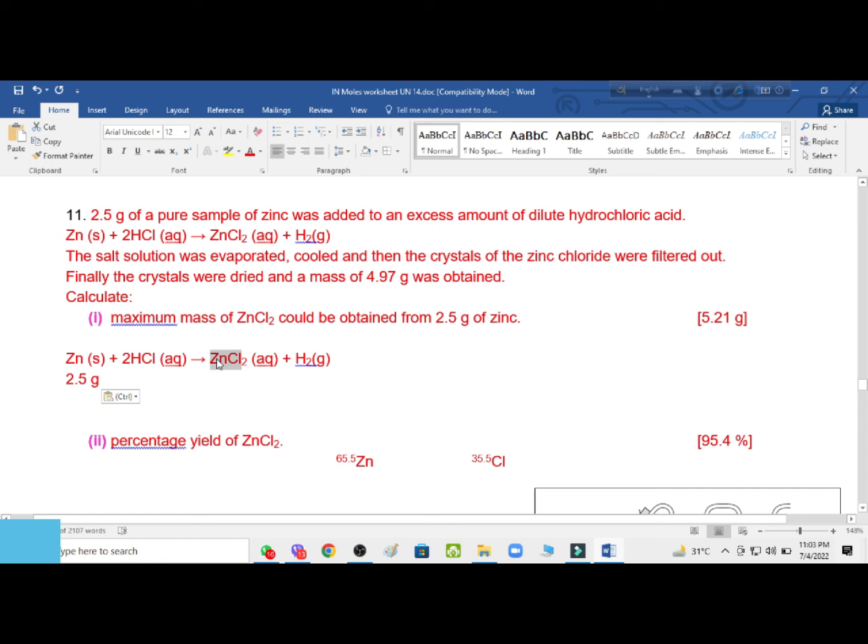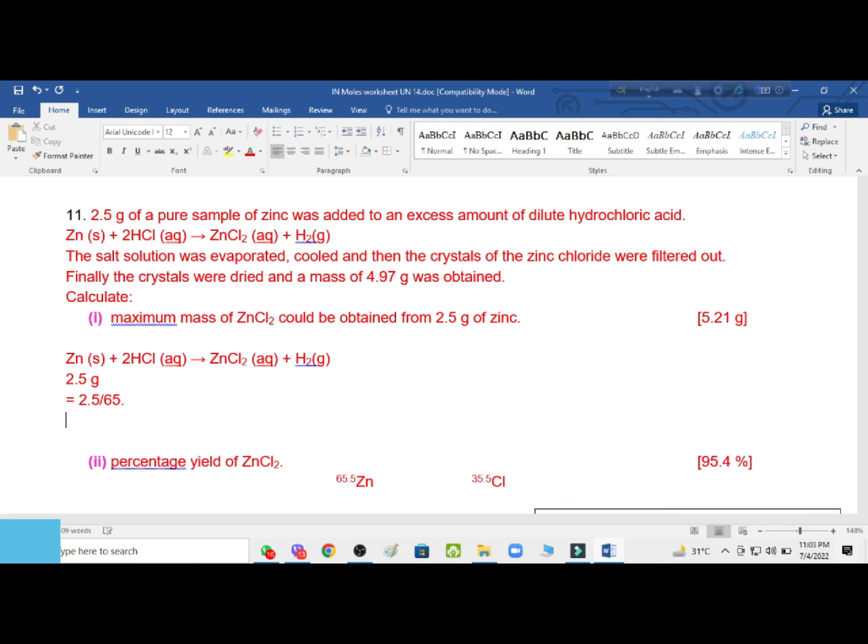So we convert this into mole. 2.5 divide 65.5. What do you get? Equals 0.0382 is the mole we get. And as per the equation, mole of zinc chloride should be same, right? What is that?